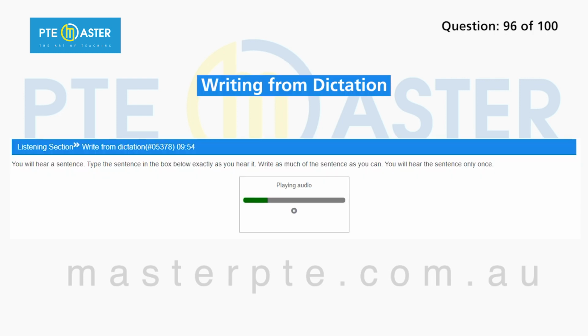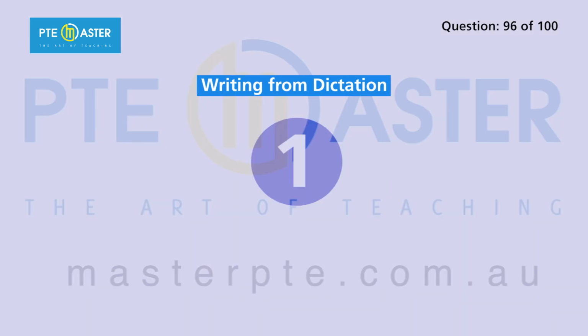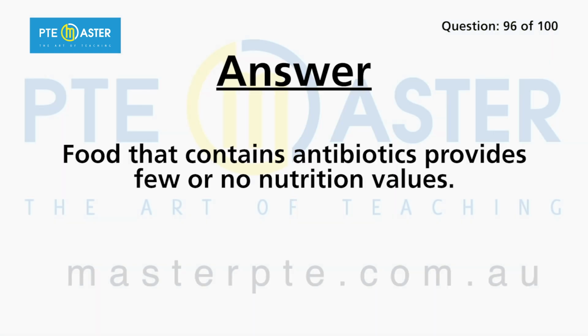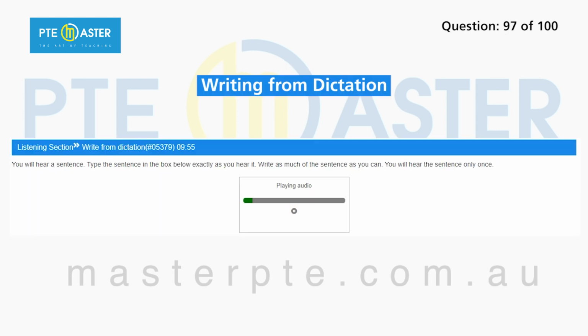Food that contains antibiotics provides few or no nutrition values. In some countries, people live in homes made from shipping containers.